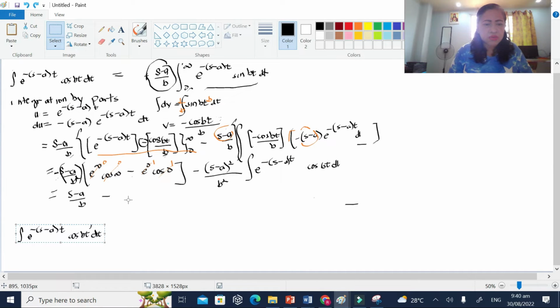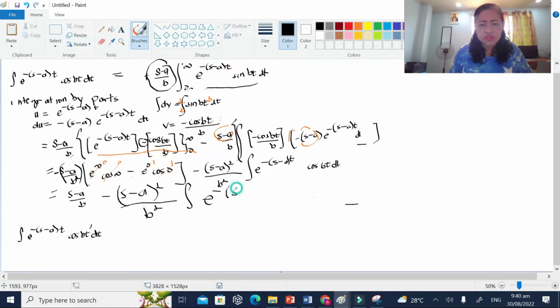Equivalent na to minus s minus a squared over b squared. Okay, no? So, integral ng e to the negative s minus a t cosine of bt dt. No?